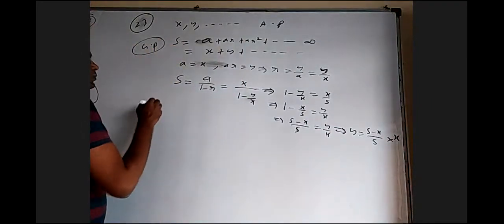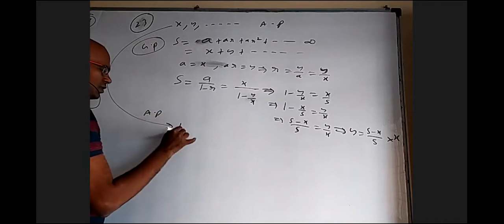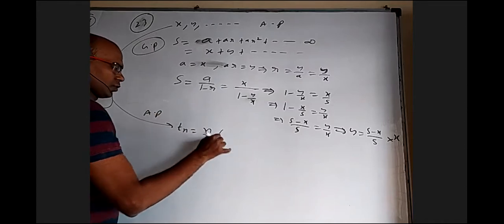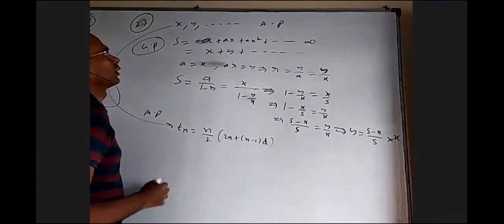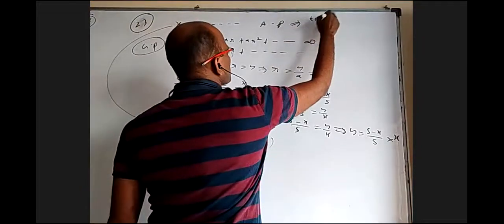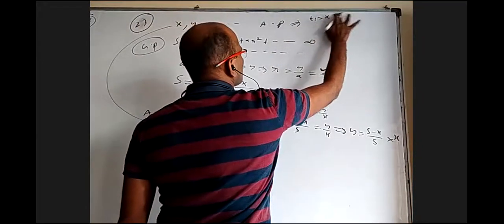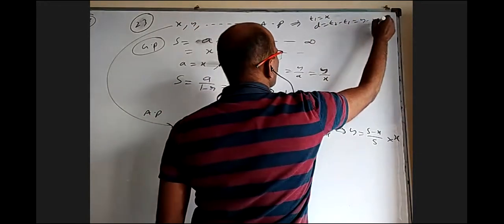Coming to the AP part, the sum of n terms is n by 2 into 2a plus n minus 1 into d. But here, the first term is x. The common difference is t2 minus t1, which is y minus x.